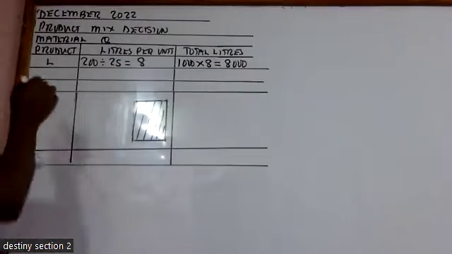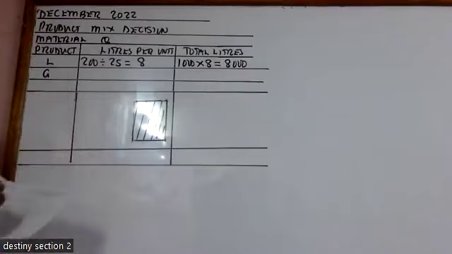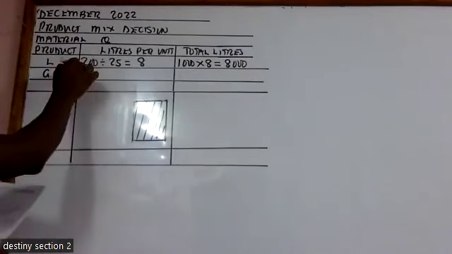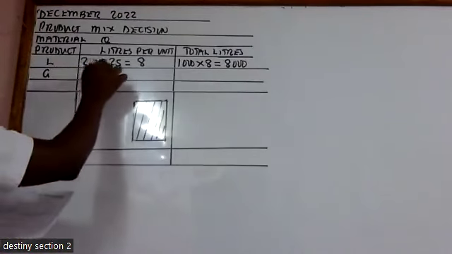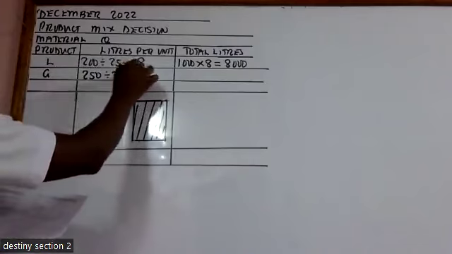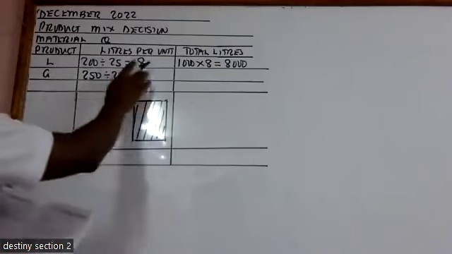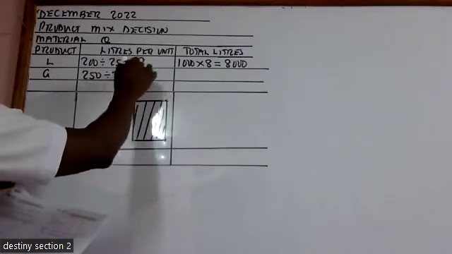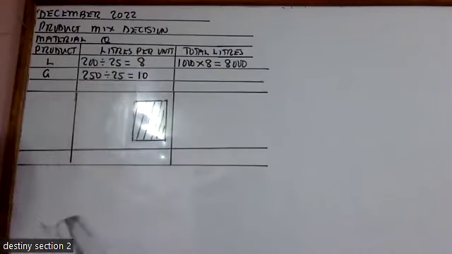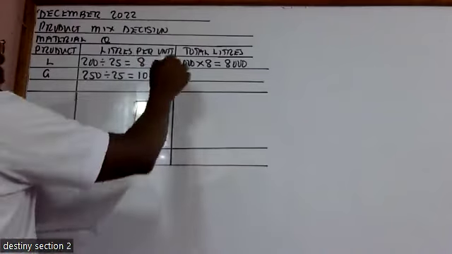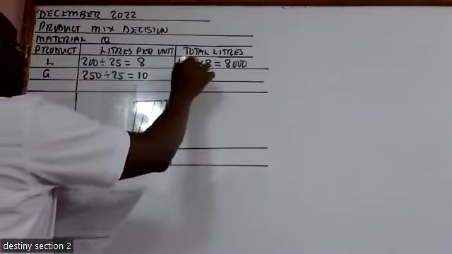When you come to product G, it requires 250. So 250 you divide by 25, that must be 10. Then down there, we require 3,000 kilos.